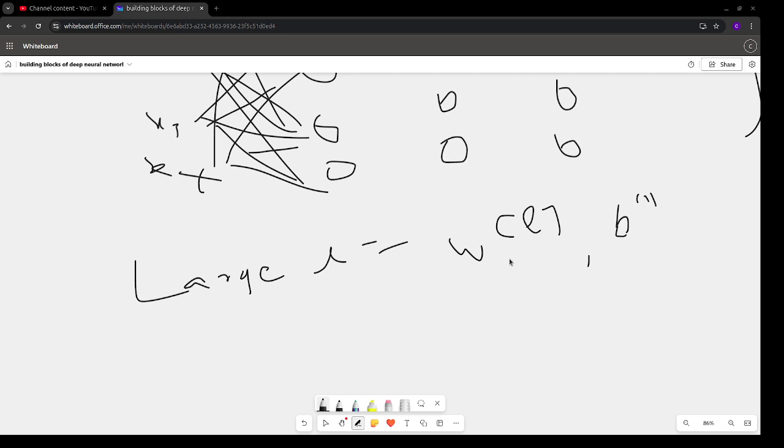Think of them as small rocks, and they help the neural network learn from the data it's trained on. Let's say we are working with a layer called L. To compute the output of this layer, let's call it AL, we need to take in activations from the previous layer, let's call it AL minus 1. We multiply those together, add some bias, think of it as a small offset, and then apply an activation function to get our final output.